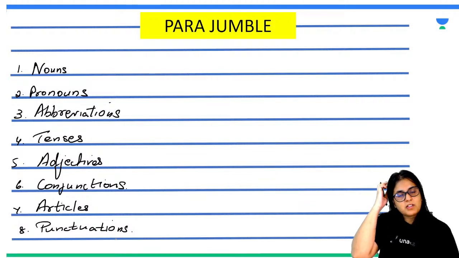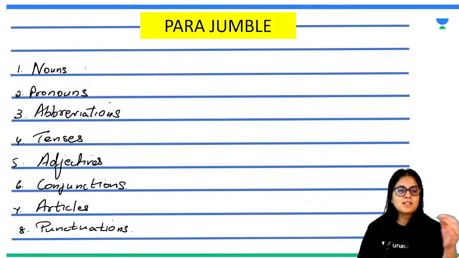Okay, so let's understand each of these. Okay, please make a note of it, guys. Basically 10 language clues indicators important हो सकते हैं.